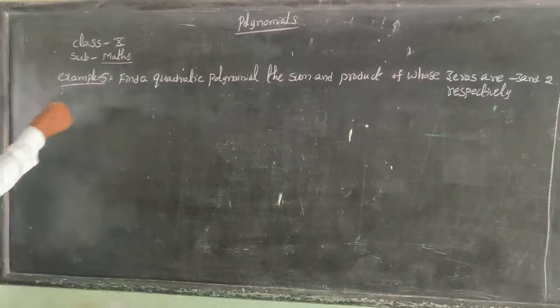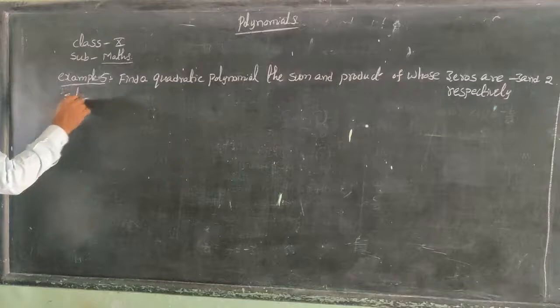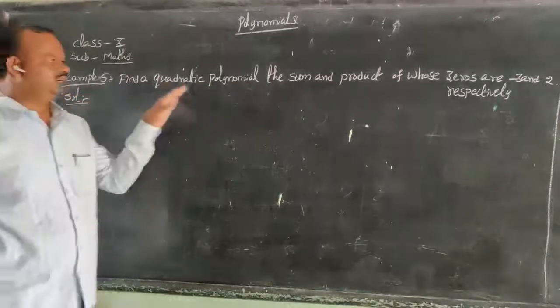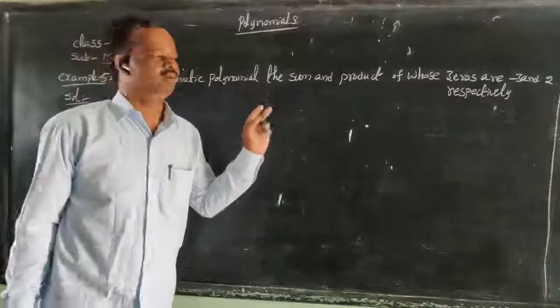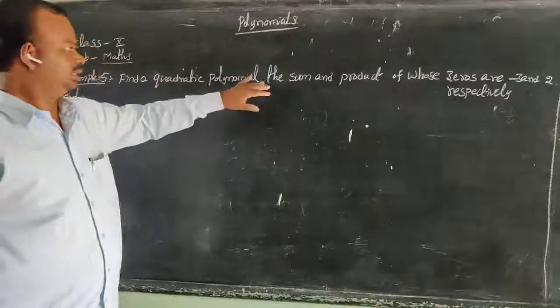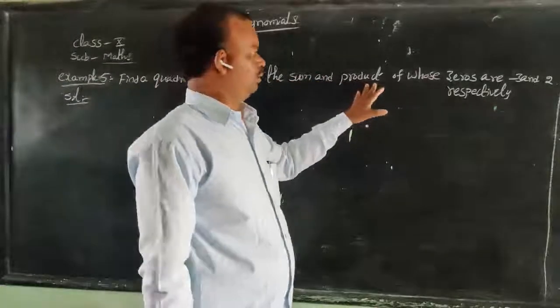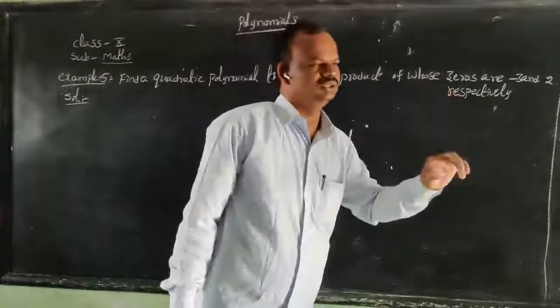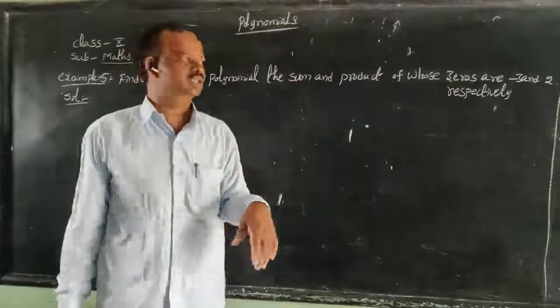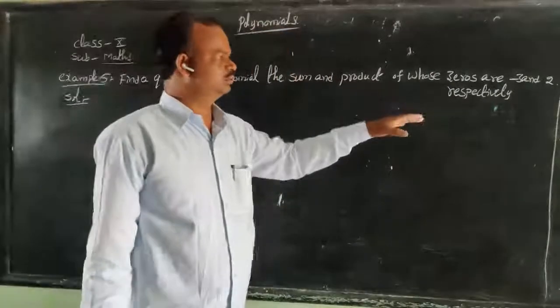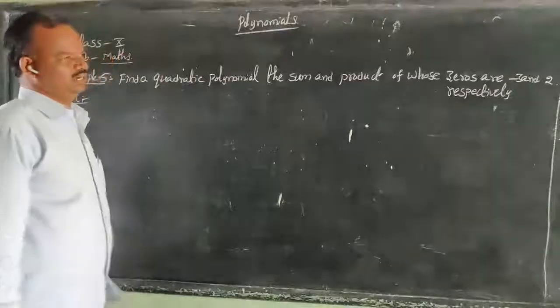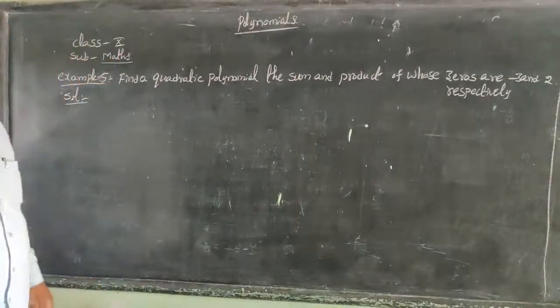Solution: We will find a quadratic polynomial whose sum and product of zeros are minus 3 and 2. That means alpha plus beta and alpha into beta.